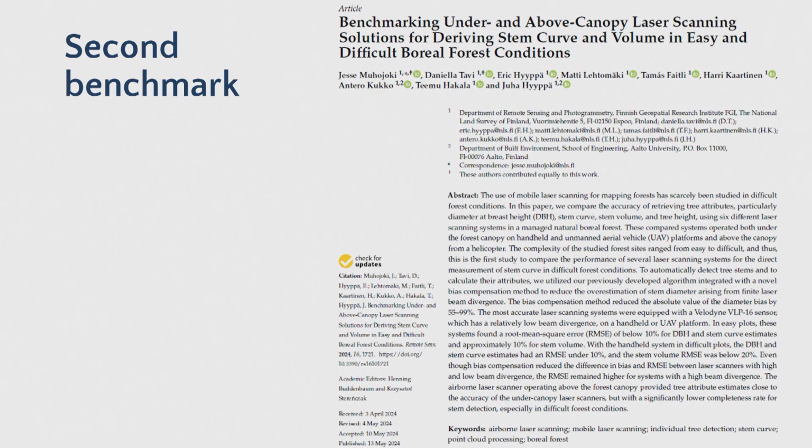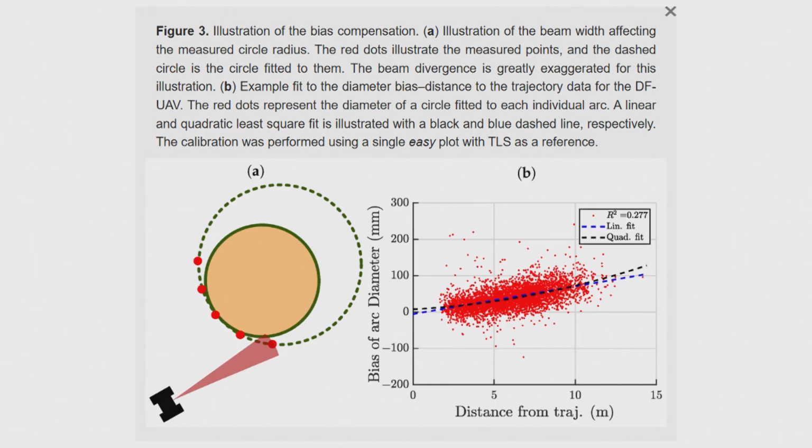Then we continued the benchmarking, and in that second benchmarking we corrected the beam size, because when the laser beam hits the tree trunk, it's enough that only one corner of the beam hits it, and then you assume that the tree diameter is much bigger.